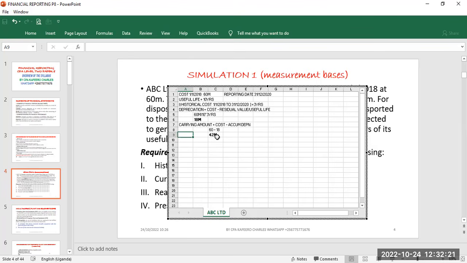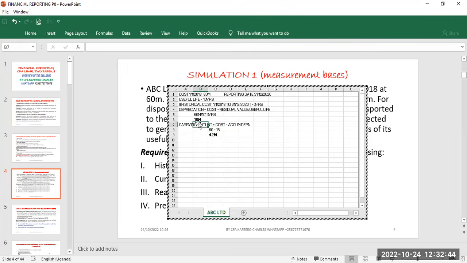If they are telling you the balance sheet extract, you get this figure. Where there are assets, you say machine, its cost was this 60 million, accumulated depreciation of this, then the net book value.